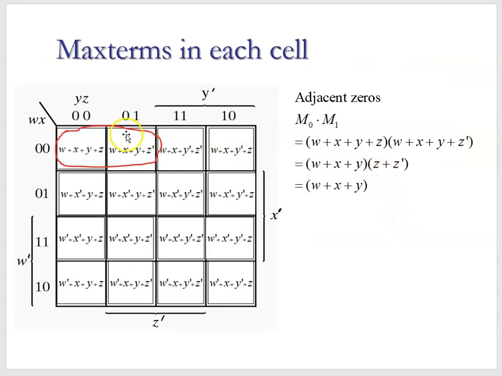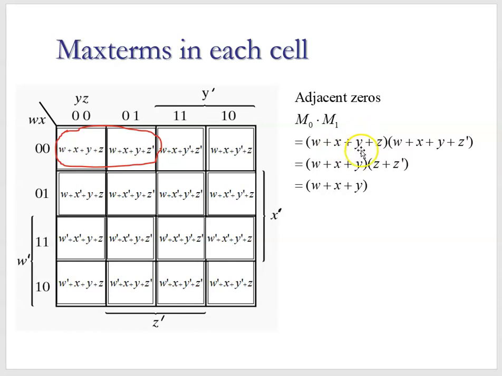So if we find adjacent cells, we'll show this algebraically. You don't need to do this, but we'll just prove it algebraically. If we take the AND of these two max terms, where we have w or x or y or z, ANDed with w or x or y or z prime, then by the distribution theorem, we can pull out this w or x or y, right?